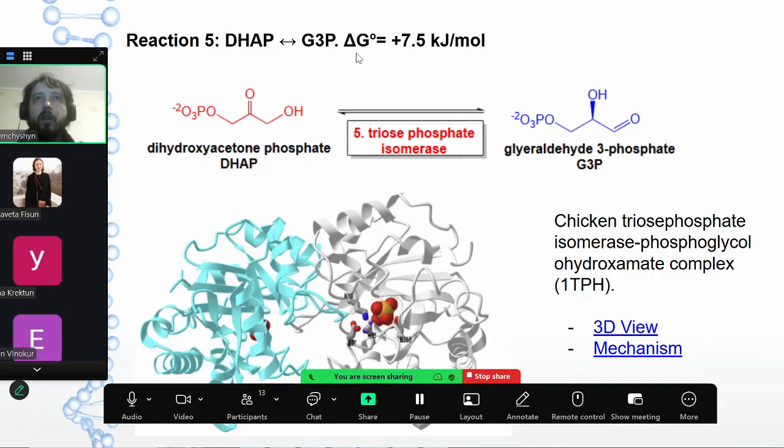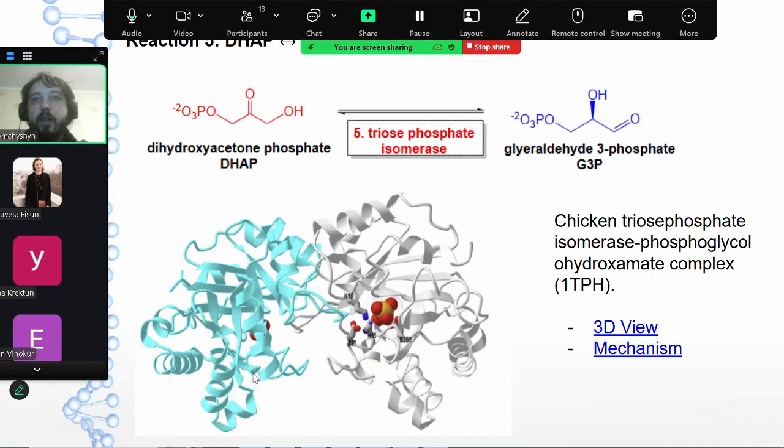So it's presented in these slides. Here is an isomerase that transforms dihydroxyacetone phosphate, DHAP, into glyceraldehyde 3-phosphate, G3P. And here is this enzyme. Why do you think we need this sort of isomerization?